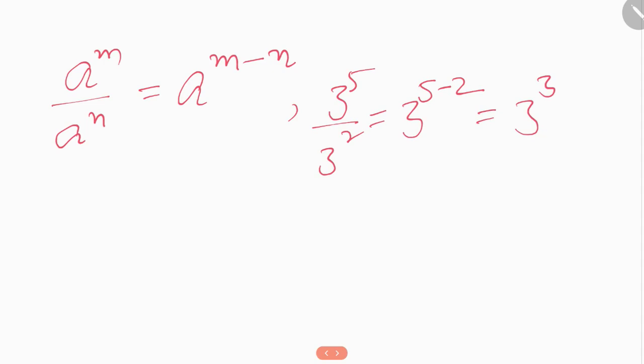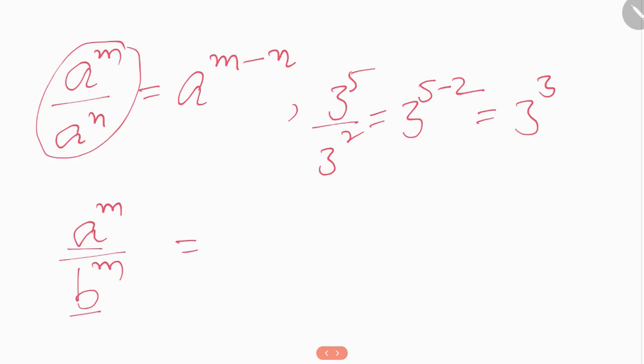And if I take another one of the same kind, here a power m by b power m. Again, don't confuse. In the first one bases are equal, but here bases are not equal. So a power m by b power m, then we can write a by b whole power m.